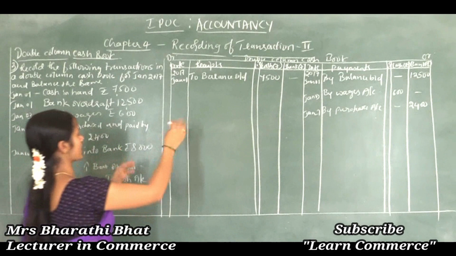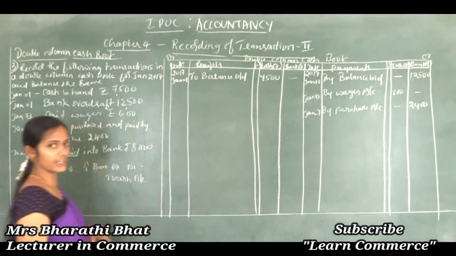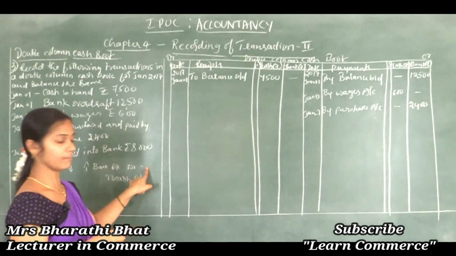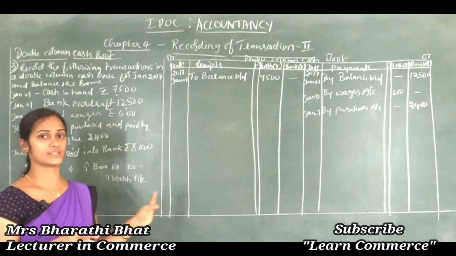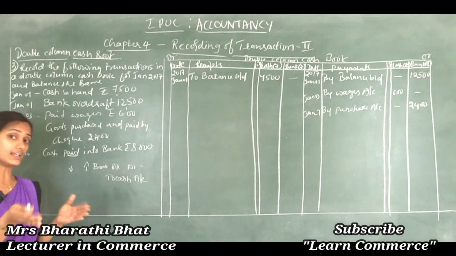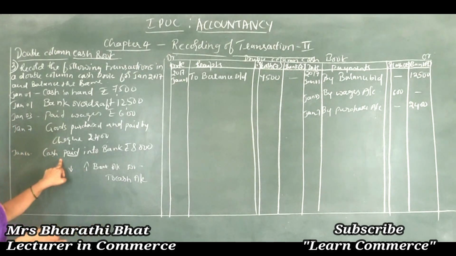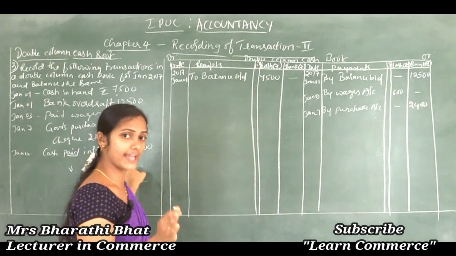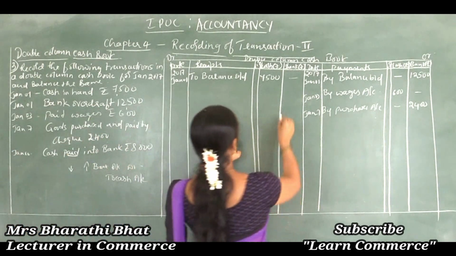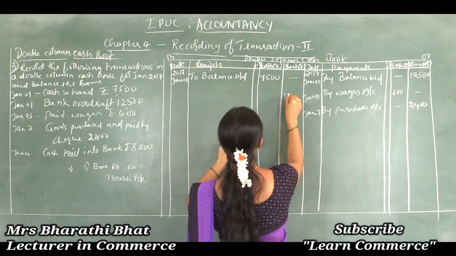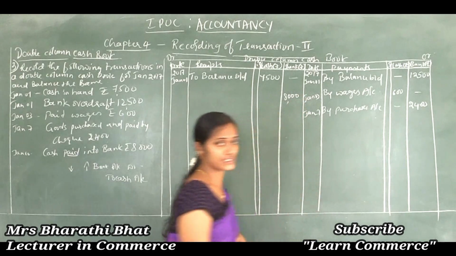So we can write to cash account by bank account, left contra entry, bank amount in cash column, cash amount in bank column. This is the simple logic behind this contra entry. Since cash is paid into bank, when we deposit cash into a bank, our bank shows an increase, correct?